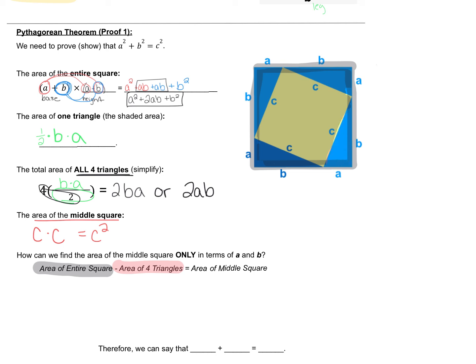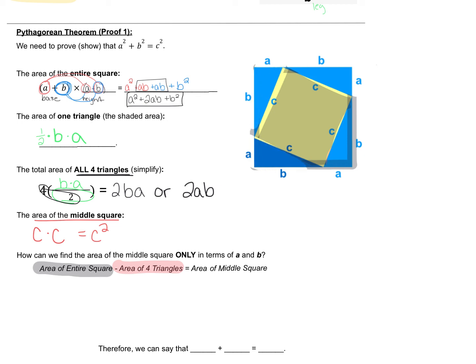I'm going to erase that one. I'm going to erase my top one. Erase this one. Oops, went a little too far on that one. And then this one. So all I'm left with is that inner square.